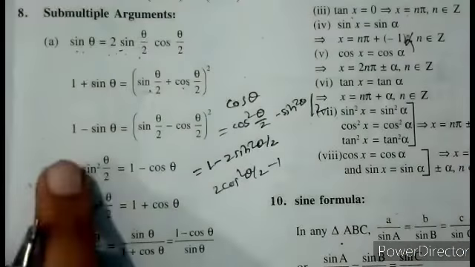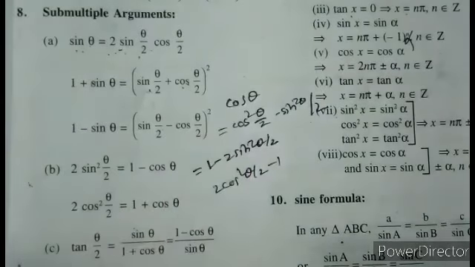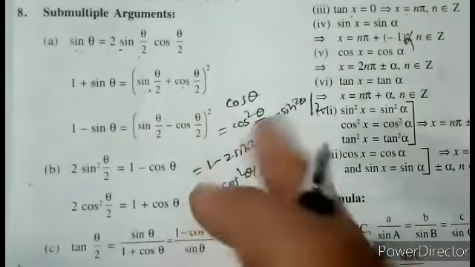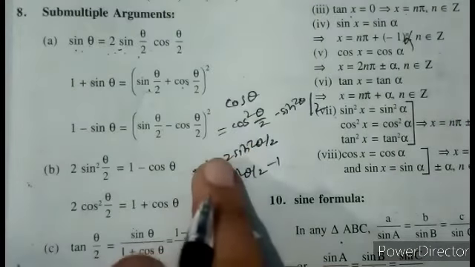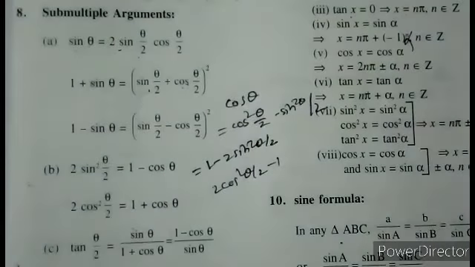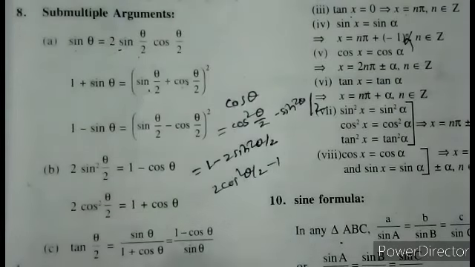So here the only difference is the 2 sin square theta by 2 with the minus. Moving to the other side, 2 sin square theta by 2 is equal to 1 minus cos theta, and 2 cos square theta by 2 is equal to 1 plus cos theta.